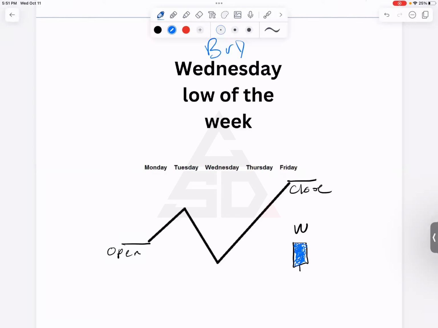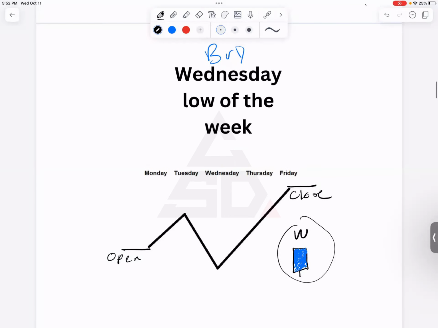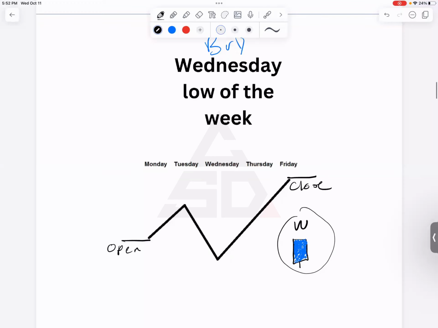So it'll be a beefy candle. And guys, everything I show you on here, back test it. Take everything you've got and go back in your charts and back test it. Just go look at what it looks like on a higher time frame.